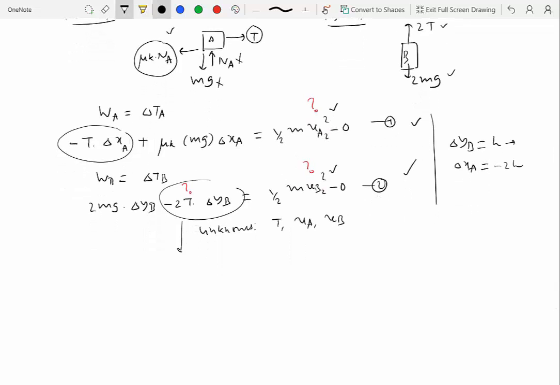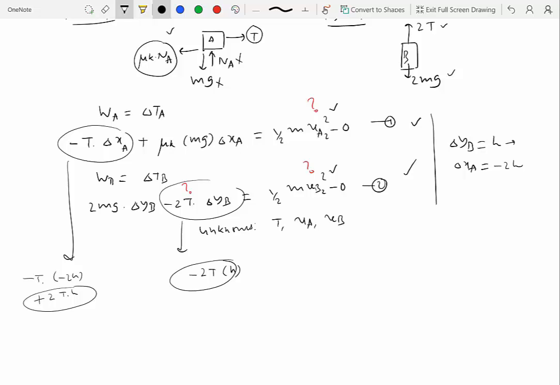So let's look at this. What is this term? This is minus 2T, delta y_B is h, so that's minus 2T times h. On the other hand, this quantity is minus T times delta x_A, which is minus 2h, so that's 2T times h, and this is positive. So if you add this with this, they actually cancel out.